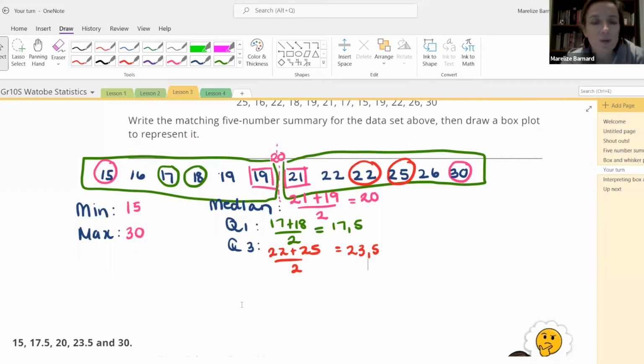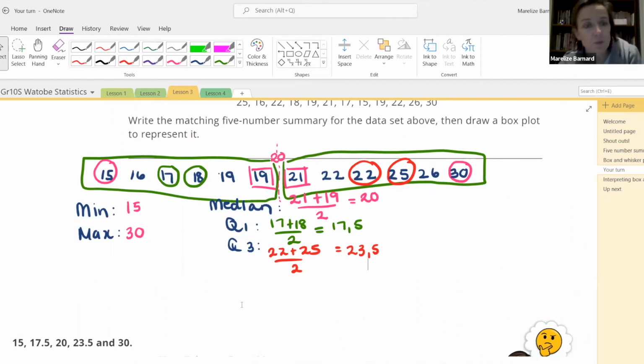Yeah, the reason we are now adding together values and dividing by 2 is because of this even number of data values. It just changes things a little bit. It's nothing major. We just have to now keep taking the middle 2 data values each time for the median, for the lower quartile, and for the upper quartile. Now, I know some of you use a formula for this.